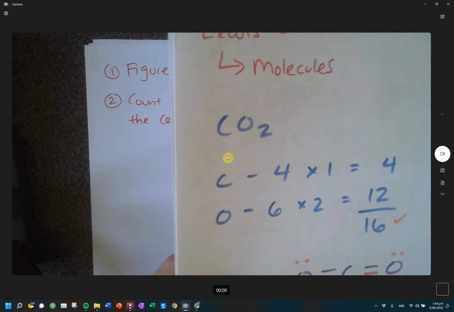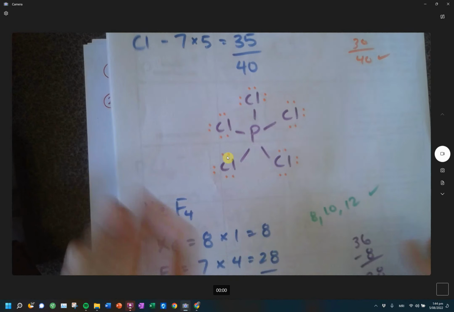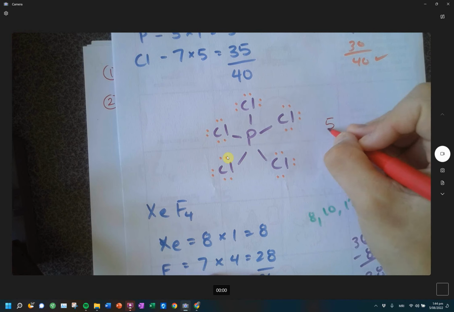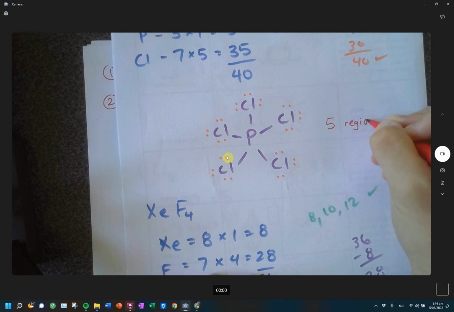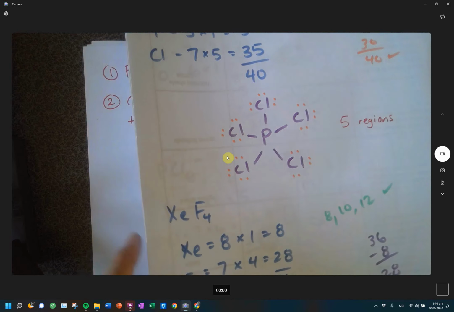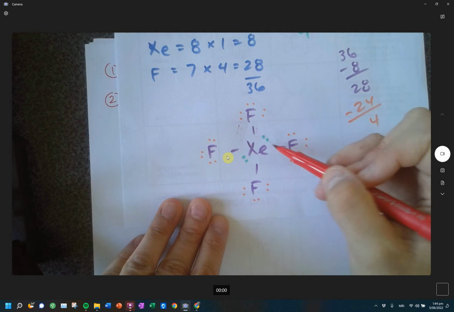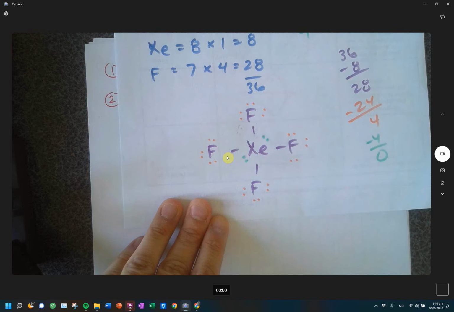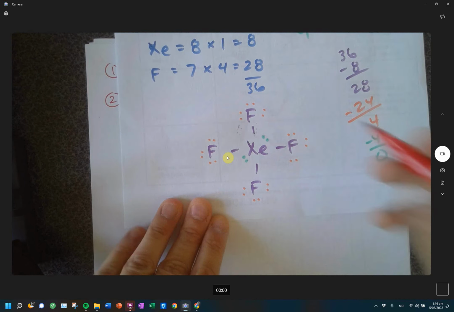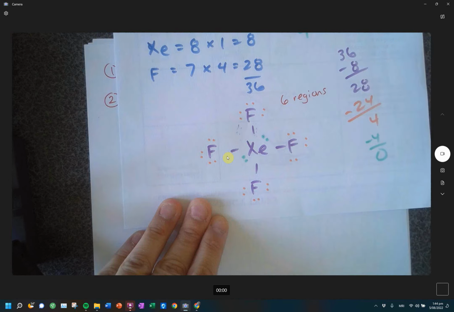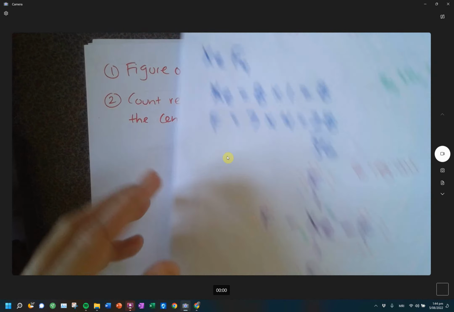Next one we have, looking at our examples from last week, this one has 1, 2, 3, 4, 5 regions. This one here has 1, 2, 3, 4, 5, 6 regions. Remember, those lone pairs of electrons are counted as a region. Did I do one more last week?